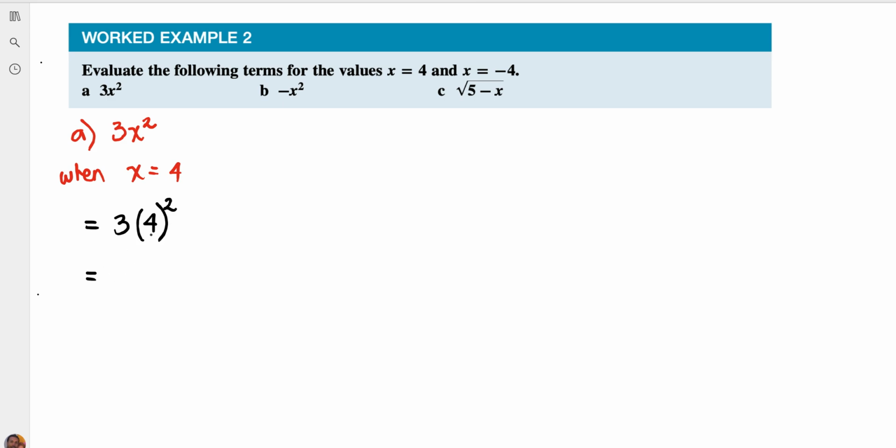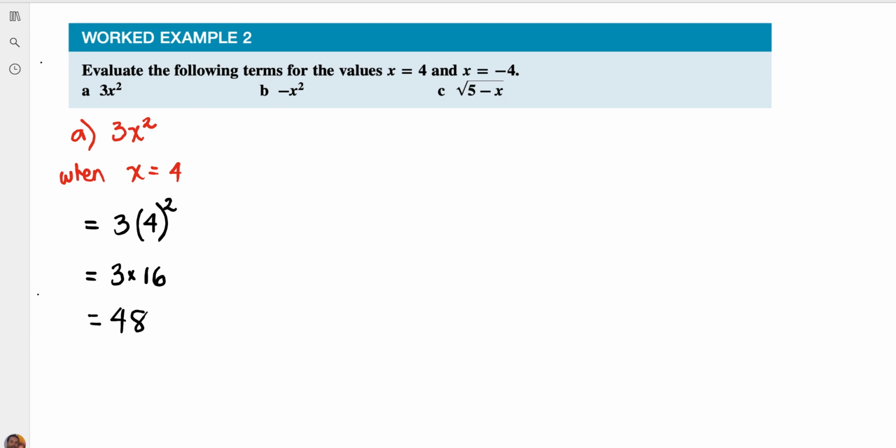So what do I have to do first? So BIDMAS, I have to do first brackets and indices. So this will be 3 times 16, and this one is 48. So this is equal to 48.